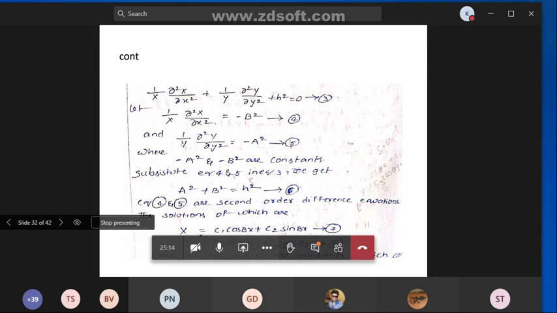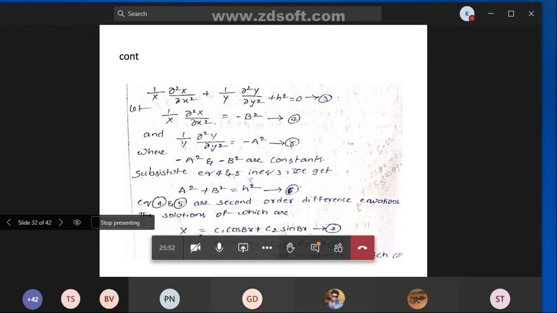So these equations 4 and 5 are second order differential equations. For this we can write X equal to c1 cos bx plus c2 sin bx and Y equal to c3 cos ay plus c4 sin ay.